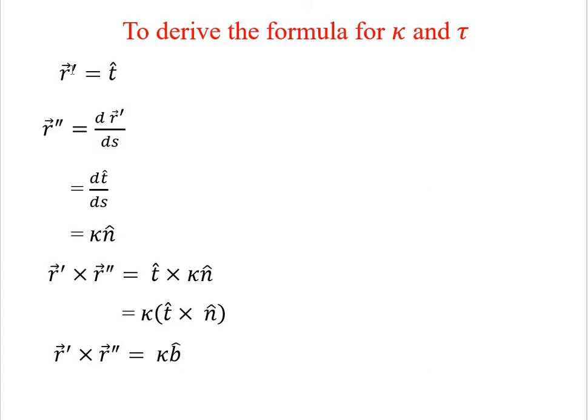Now we are taking the cross product between r vector dash and r vector double dash. That is equal to t vector cross kappa into n. Kappa is a constant, we take it outside, therefore r vector dash cross r vector double dash equals kappa into b vector. Now we are taking the modulus.